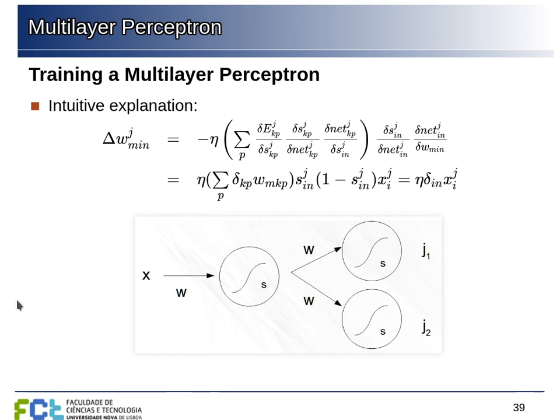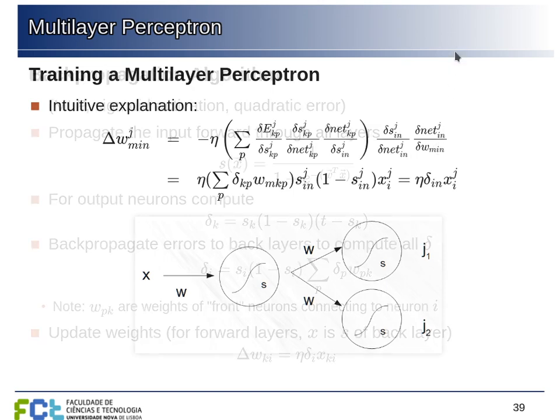We can keep going back computing the delta for each neuron and then using that to propagate the derivative information by keeping this chain of multiplications until we pass through the whole network and we know how to update all the individual weights.